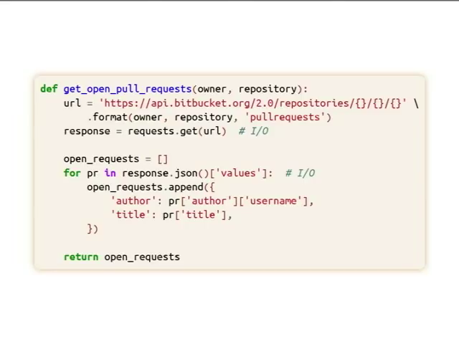And so you could imagine building something like this, right? I have an identifier for the repository. With Bitbucket, you actually have to pass both the owner and the repository slug, so that's the input, right? I take that and I format a URL for the API. I use requests. Requests is awesome.